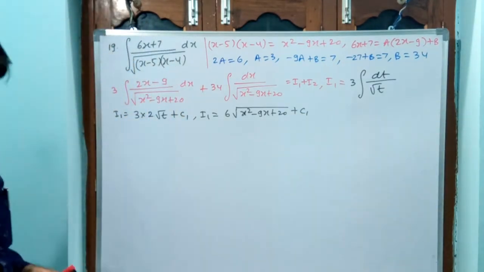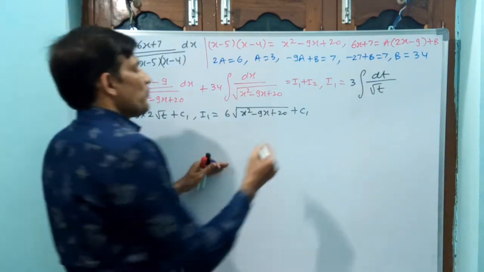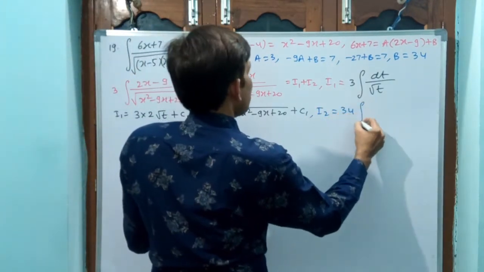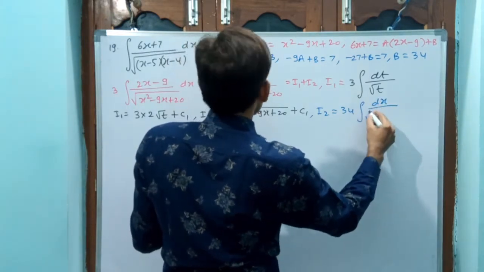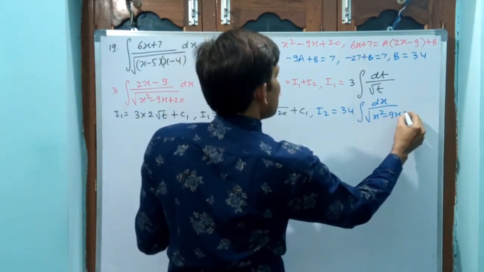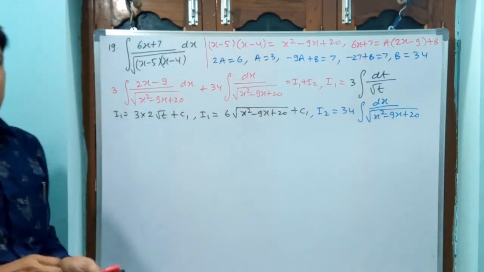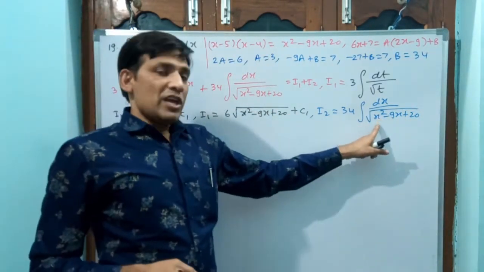Then what about I2? How to do the calculation? Let us do. I2 will be 34 integral dx by square root of x square minus 9x plus 20. Now you take x square minus 9x plus 20 in the a minus b whole square shape.